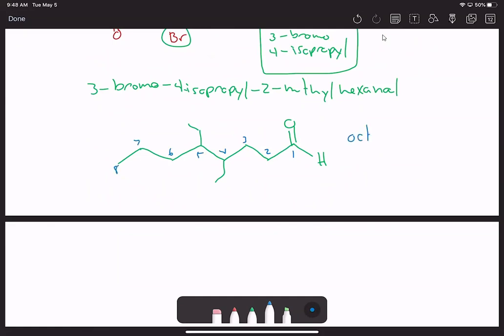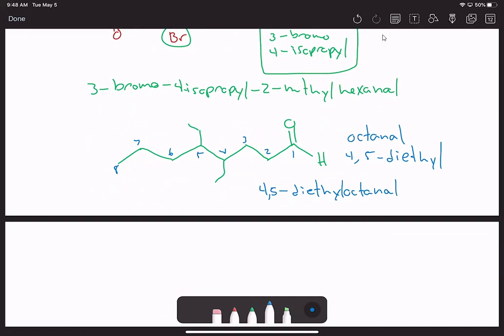We know that this is an octane, so it's octanal, with branches on carbon number 4 and carbon number 5. I have 2 ethyls, so I'm going to put diethyl. So we have 4,5-diethyloctanal.